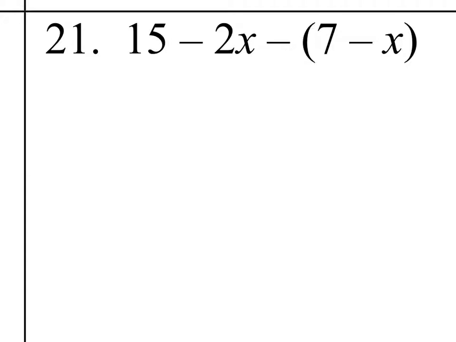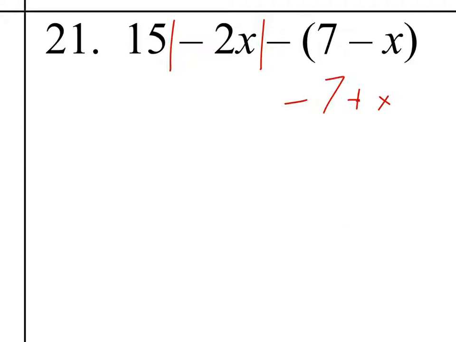Okay. So first I'm going to split them up like that. And so then the order of operations, multiplication and division from left to right. So then it's negative 7 plus x.